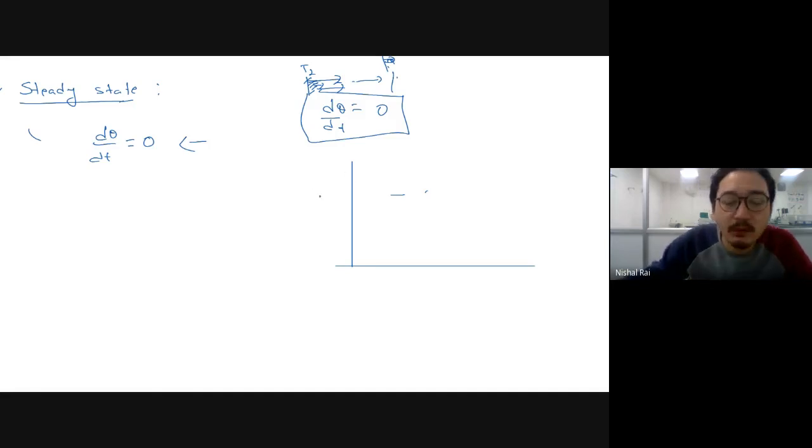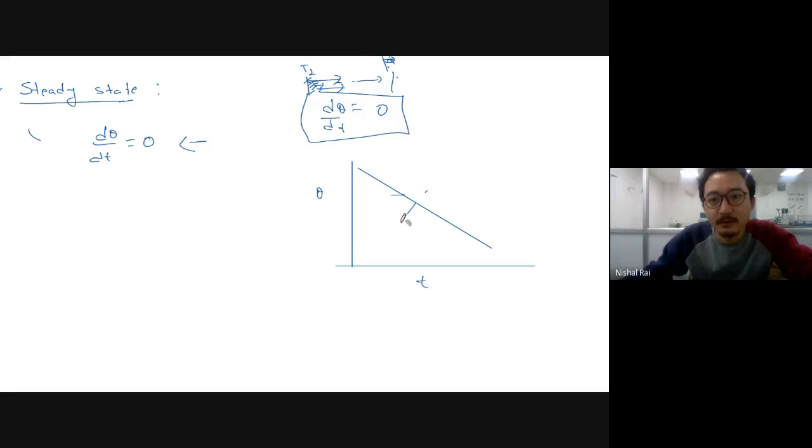From Newton's law of cooling, when you plotted temperature versus time, you used to get this kind of curve, if you remember.